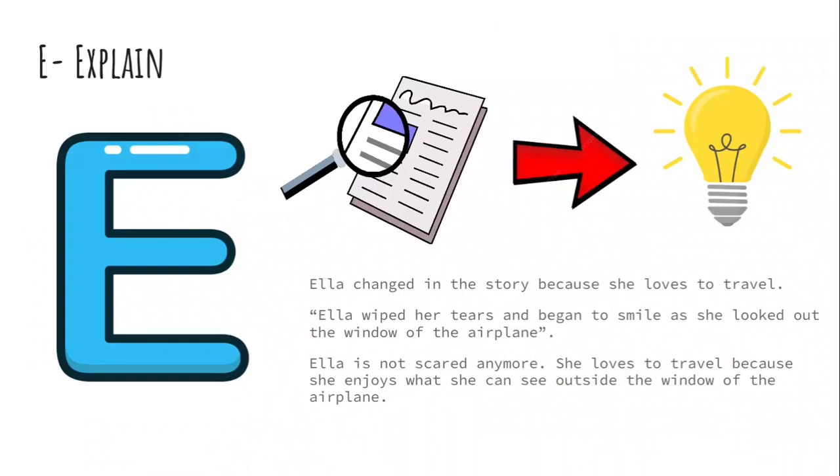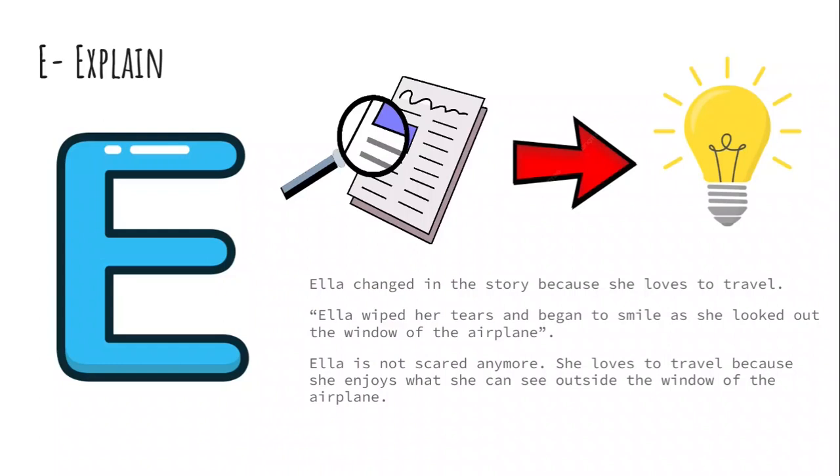I used the sentence Ella wiped her tears and began to smile as she looked out the window of the airplane. How does this sentence show my answer? This is how I'm explaining now. Ella is not scared anymore. She loves to travel because she enjoys what she can see outside the window of the airplane.